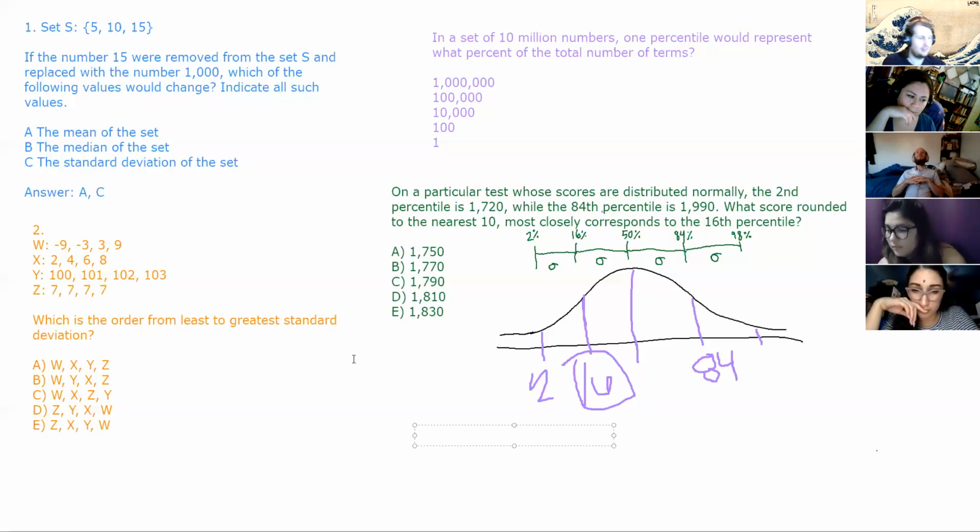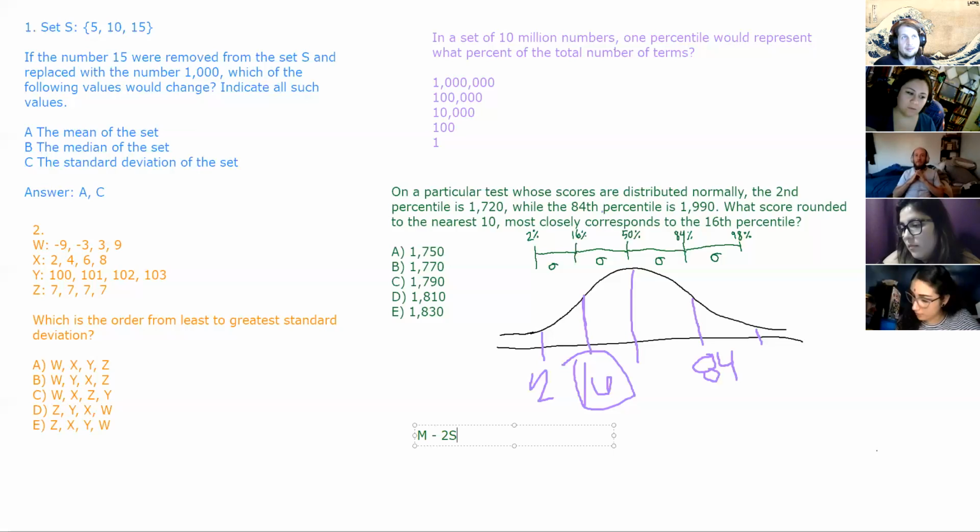So what they say is the mean minus 2 standard deviations is going to be equal to what?